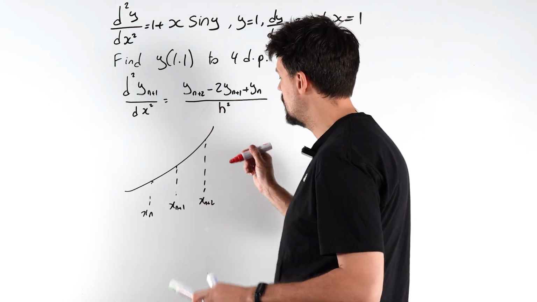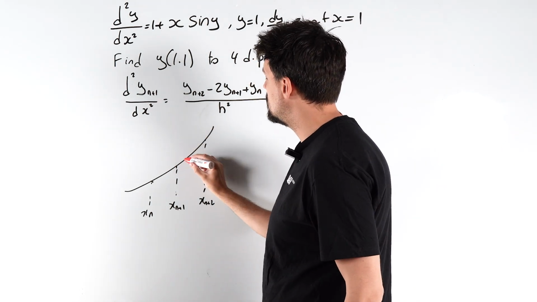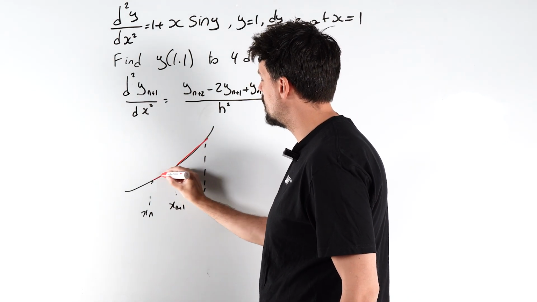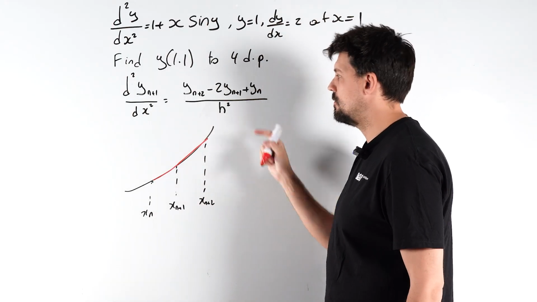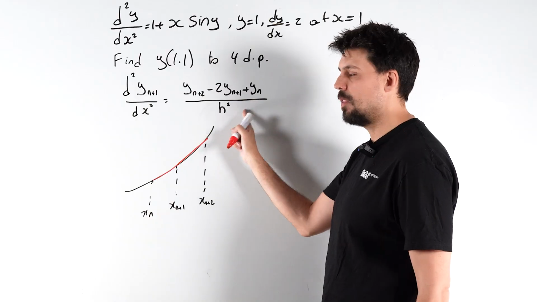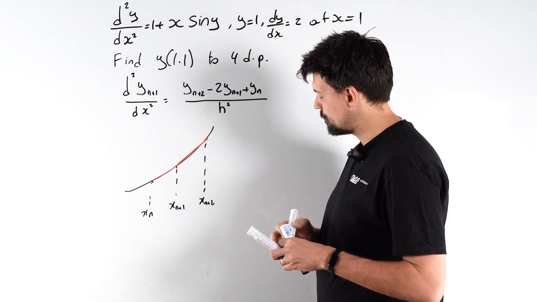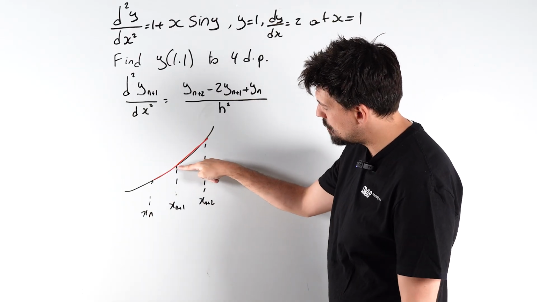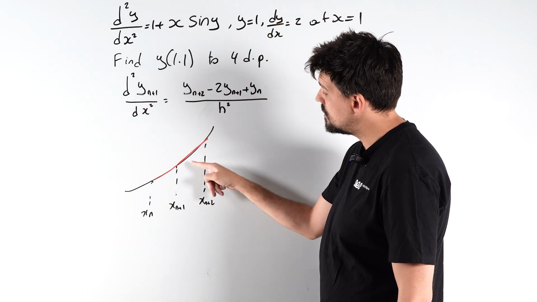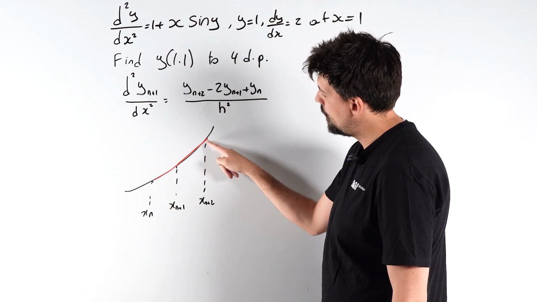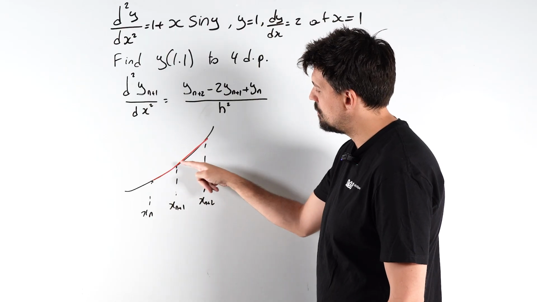That is the rate of change of the gradient. So we're going to take that as my first gradient, that as my second gradient, and then we find the rate of change of those two gradients. That is all that is, okay? So we are finding the second derivative here in terms of our approximation, and this is just a one-step Euler approximation for the first derivative here and the first derivative here.